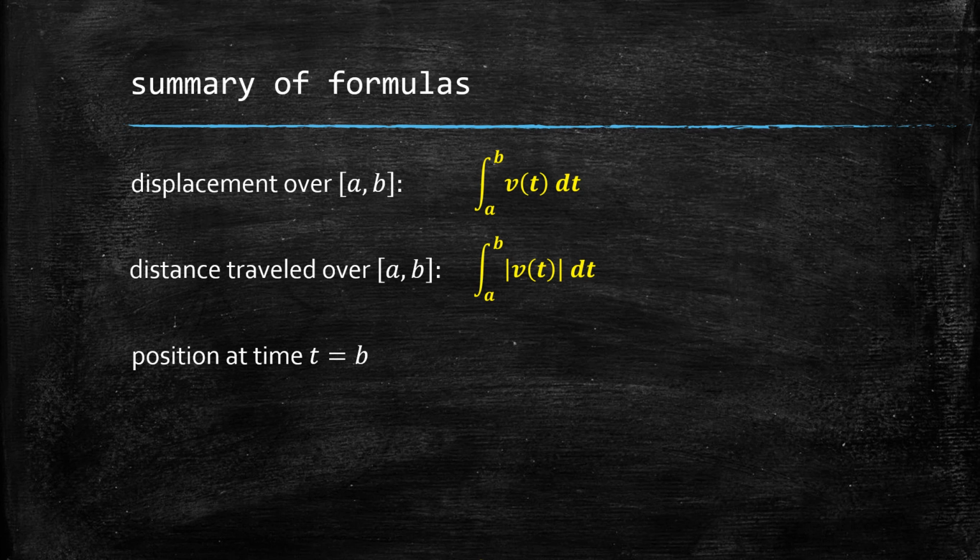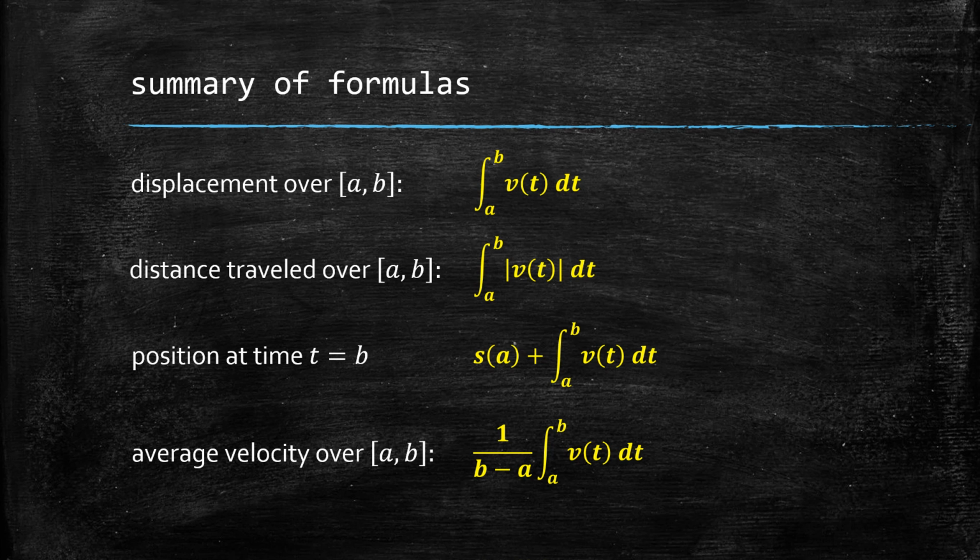The position of the particle at time b, knowing its position at time a, is given by this expression. And the last formula I'd like to use at least once in this video is the average velocity over the interval AB, given by 1 over b minus a times the definite integral of the velocity from a to b. I will link to that video in the description.